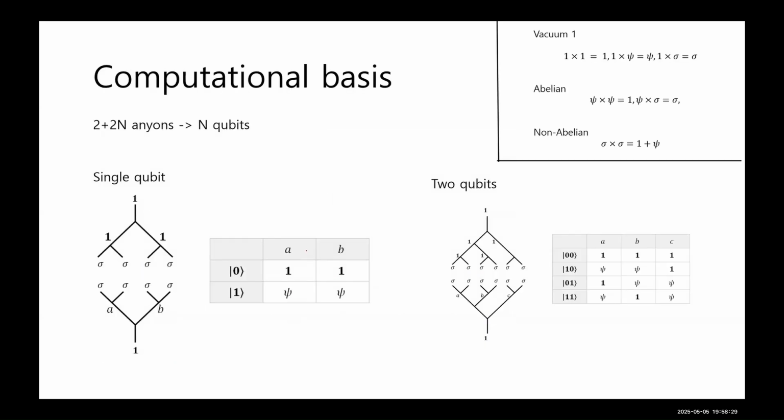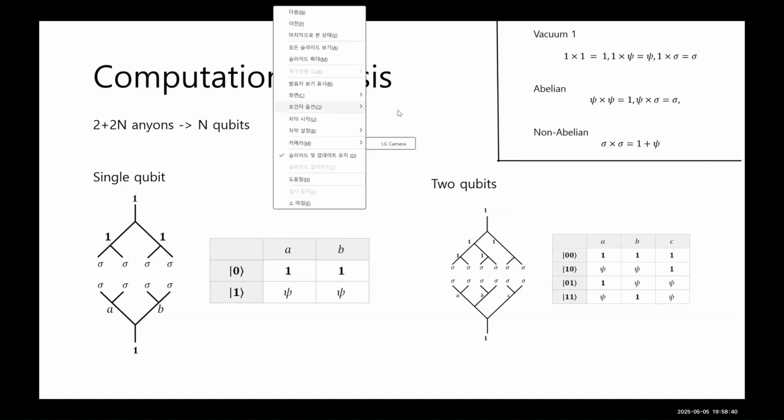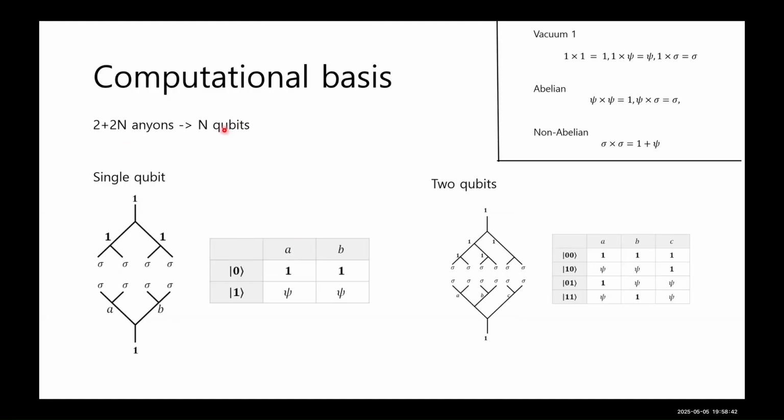Okay, now let's see the computational basis. As I mentioned, fusion space and computational basis have different quantum bases. So if we want to make n qubits, we need 2n plus 2 anyons. The reason why is the degree of freedom.